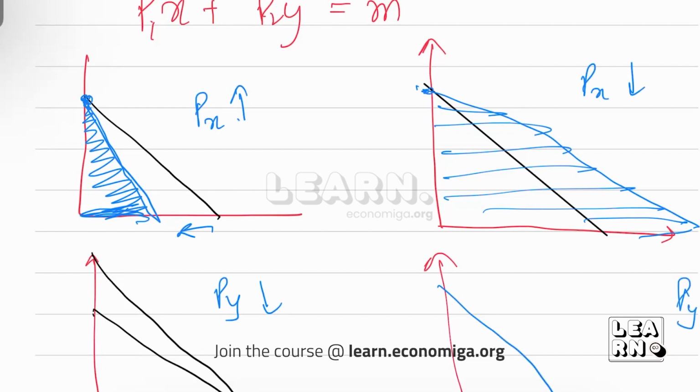Price of Y rising means that you will buy the same of X, but less of Y. You will buy only this much.